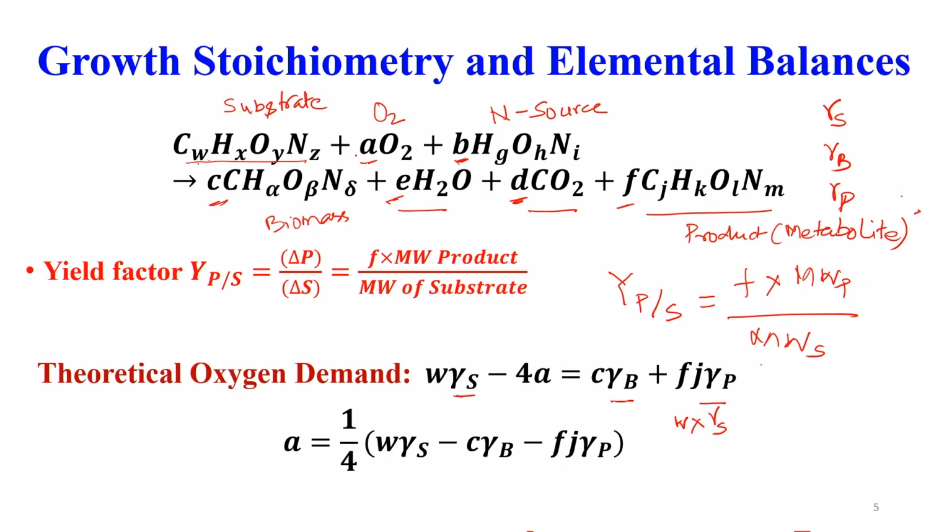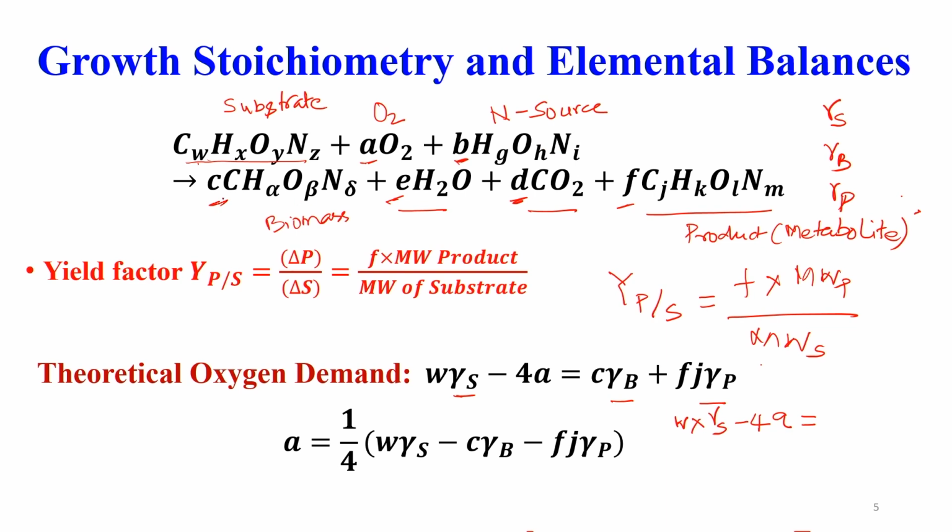Next is oxygen. Oxygen is -2, so O2 will be -4A. This equals, for the nitrogen source we are considering ammonia, so its degree of reduction is 0.